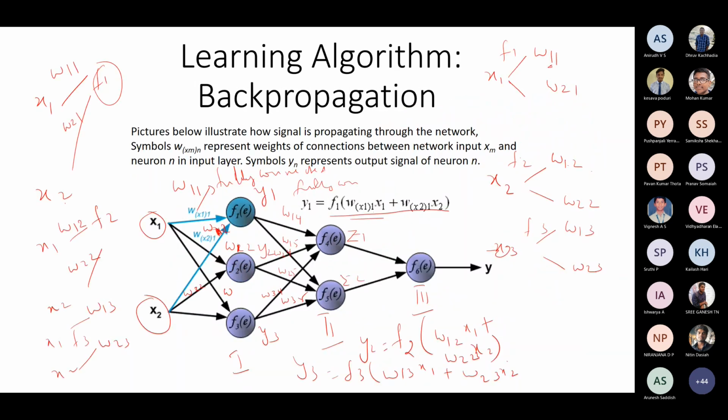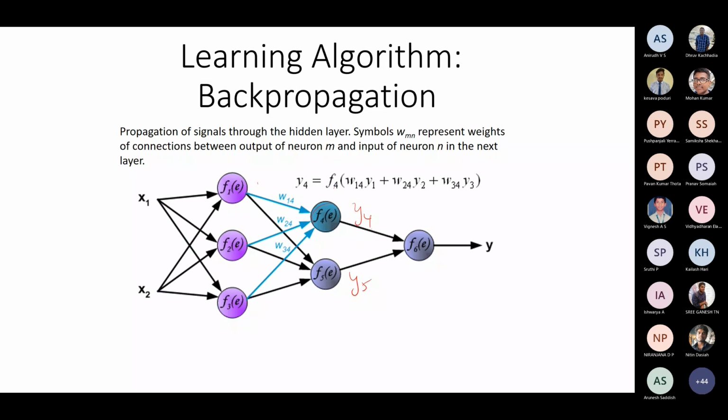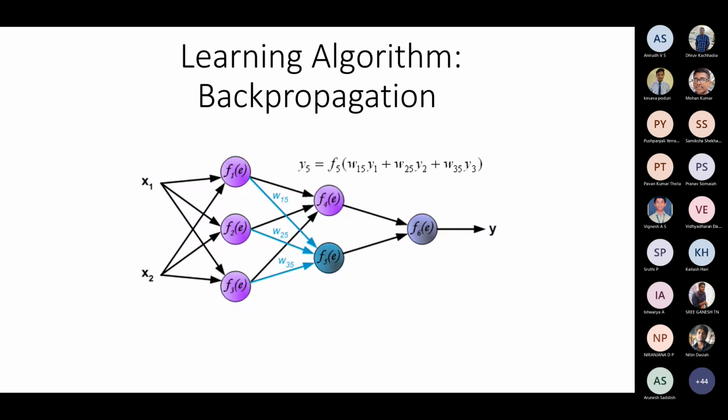Y1 is already F1 of W1 X1, W2 X2. Okay, and what is Y2? Y2 is already W1 X1 and W2 X2 operated upon to get Y2, and so on. So you will get Y4 and Y5.